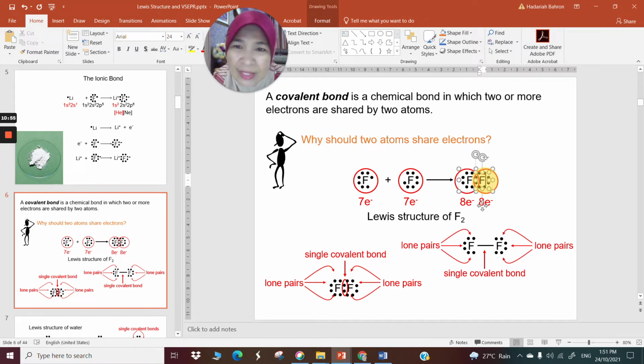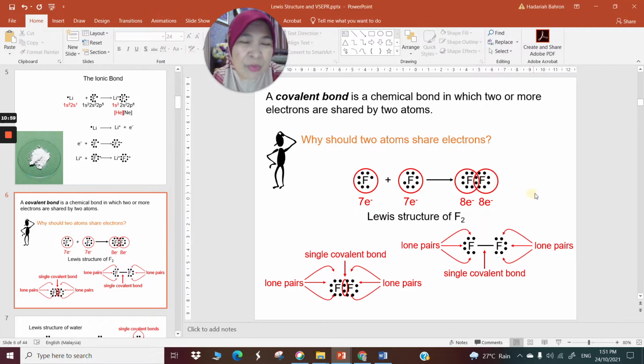It also has 7 plus 1, 8 electrons. So both fluorine atoms fulfill the octet rule, having the electron configuration of a noble gas.